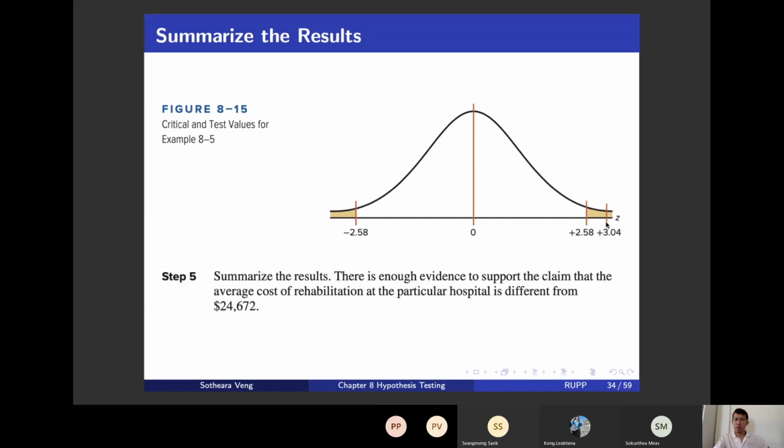I mean, here our test value is 3.04, so its negative is negative 3.04. So the p-value in this case is this small area and another small area here, right, which correspond to the sign of the test value.